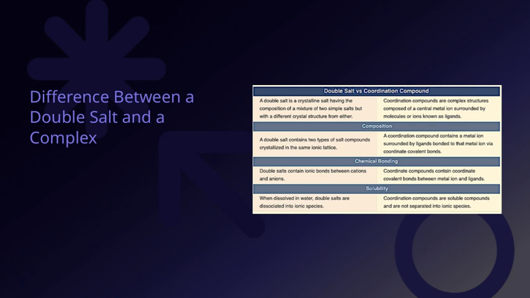So, the main takeaway is that double salts are more like a physical mixture of salts that crystallize together, whereas complexes involve a chemical bonding process that creates a new, stable entity. Recognizing this difference helps us understand their roles and behaviors in various chemical reactions and applications, tying back into the larger theme of coordination chemistry we're exploring.